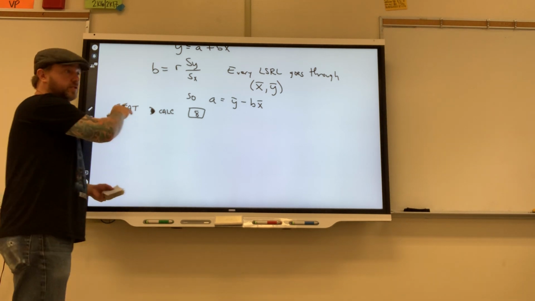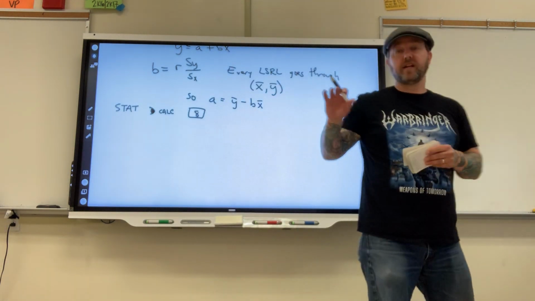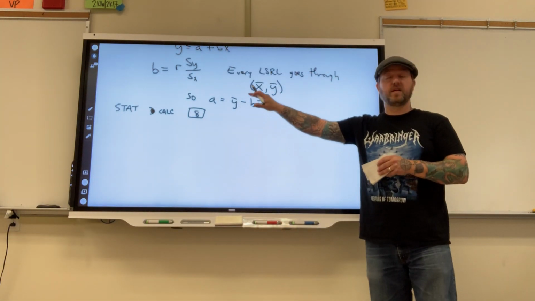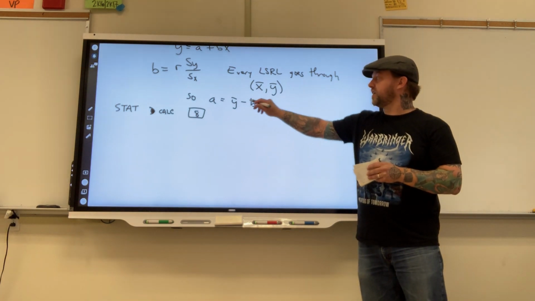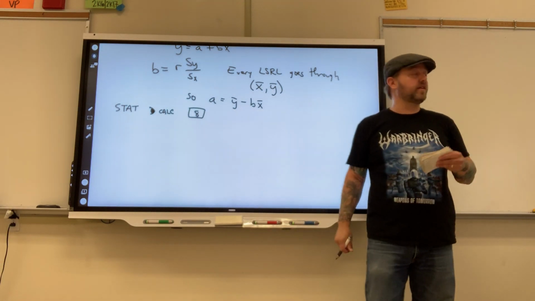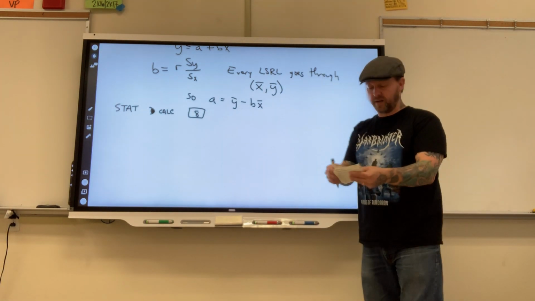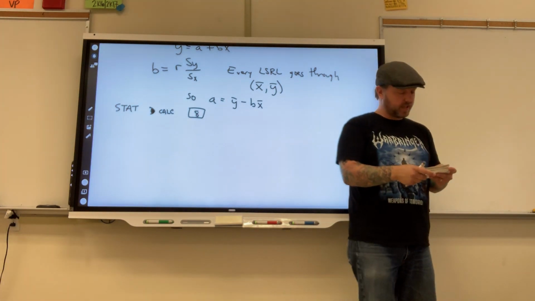If you run linear regression, make sure that you have your diagnostics on, so it gives you both r and r squared. Okay. R squared is the coefficient of determination.